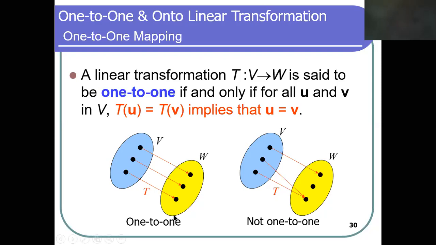But here, if you see, two different elements of the domain have the same element in the codomain. In the ordered pair, the second element's image is 3, and the third element's image is again 3. These two elements have the same image in codomain W, so this is not a one-to-one transformation.